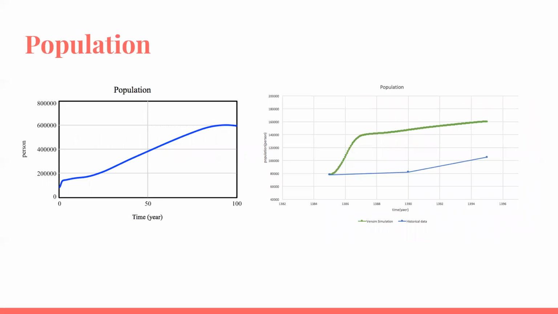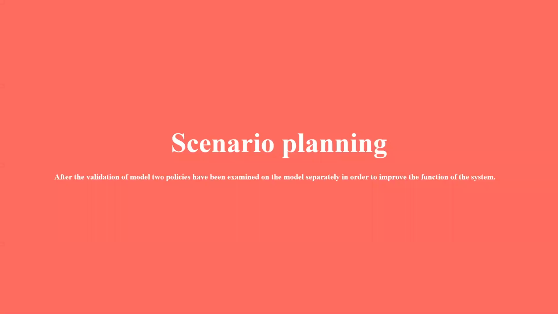We have the trend of population. The right picture will show the difference between our model prediction and the real data, but the trend is the same, and it's the result for our population.